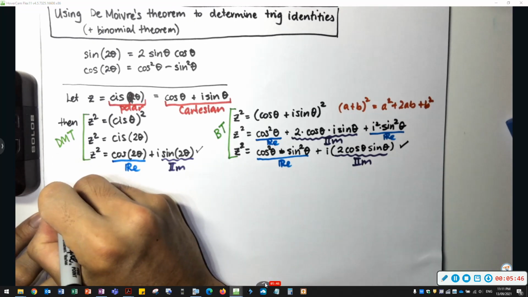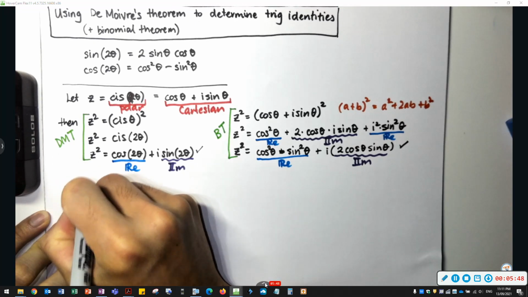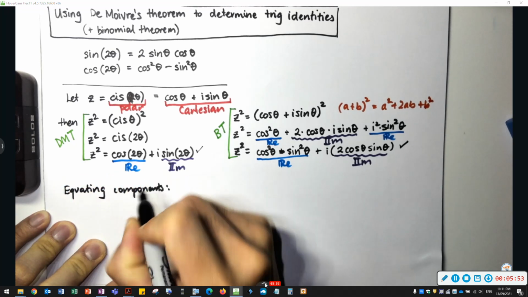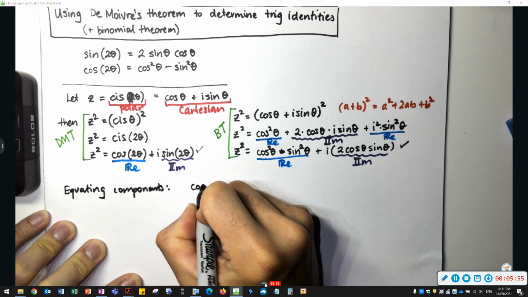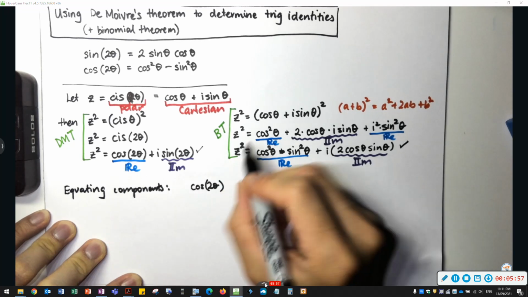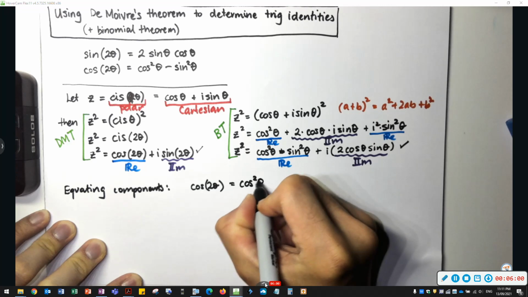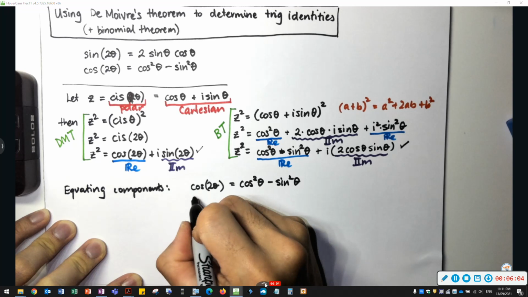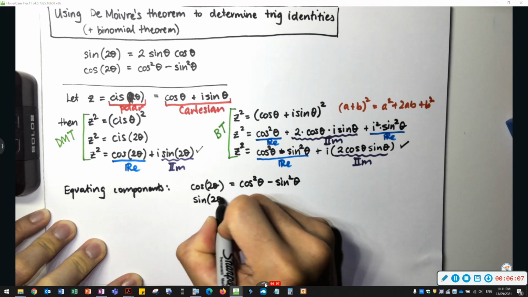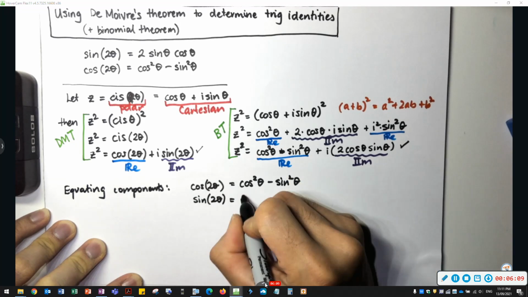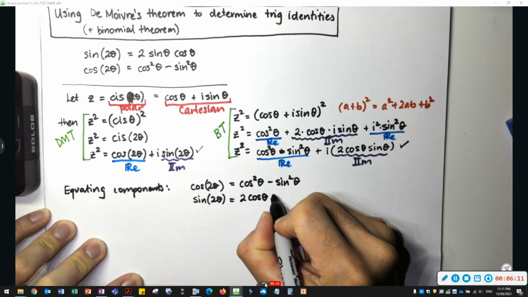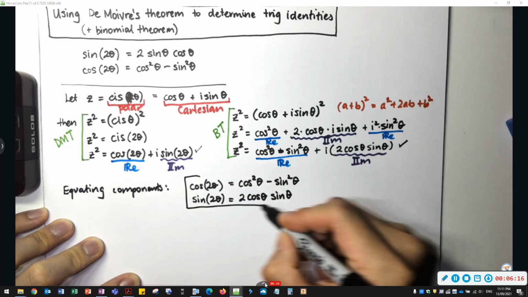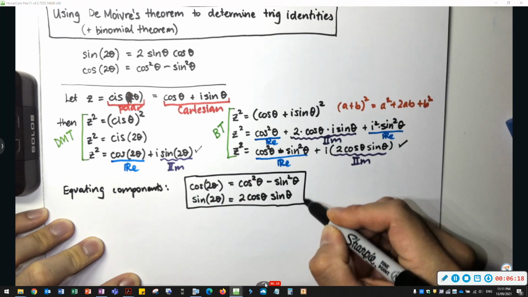So equating components, the real part gives you cos 2 theta equals cos squared theta minus sine squared theta. And then the imaginary part, sine 2 theta equals 2 cos theta sine theta. There you go. So those are the double angle identities.